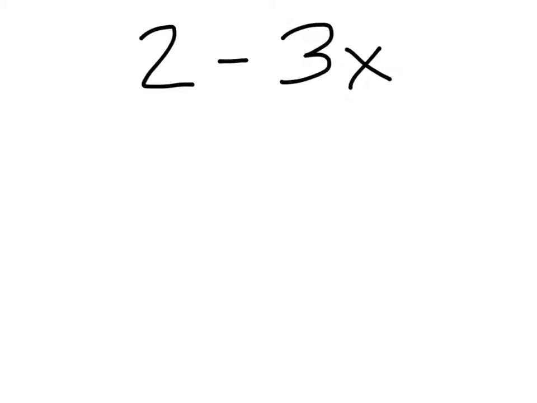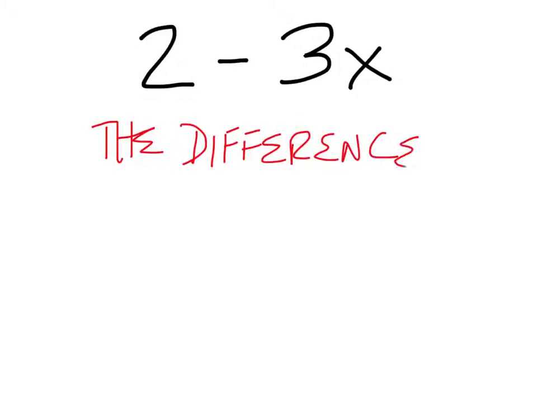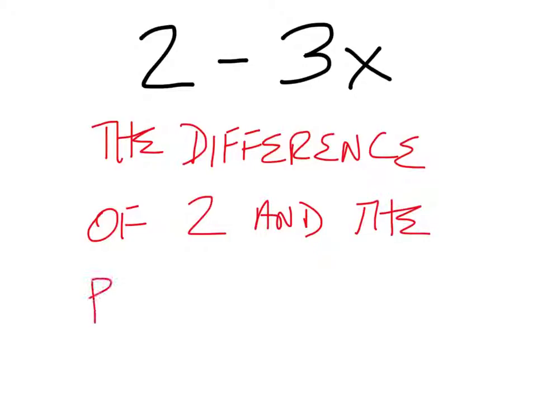What about this one? 2 minus 3x. Bartley's going to go for it. The difference of 2 and the product of a number and 3.